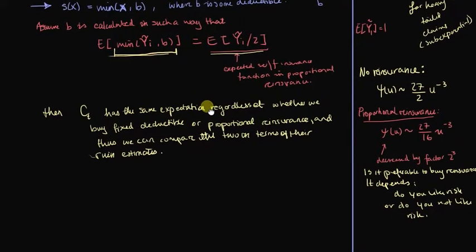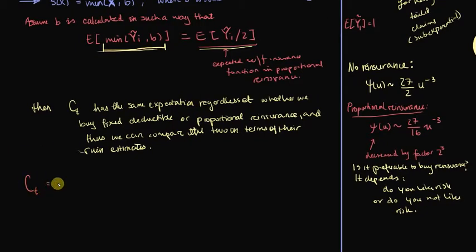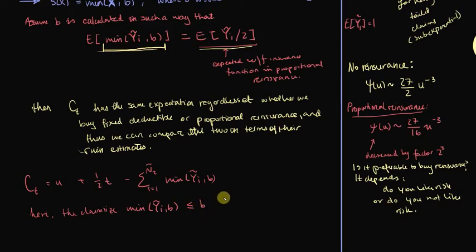Because in this case, we now have C(t) equal to u plus a half t minus the sum up till Ñ(t) of the minimum of Ỹ_i and the deductible B. And here we can note the claim size, the minimum of Ỹ_i and B, actually has an upper bound because your self-insurance function does not exceed B. So the claim size is bounded, hence has a light-tailed distribution.